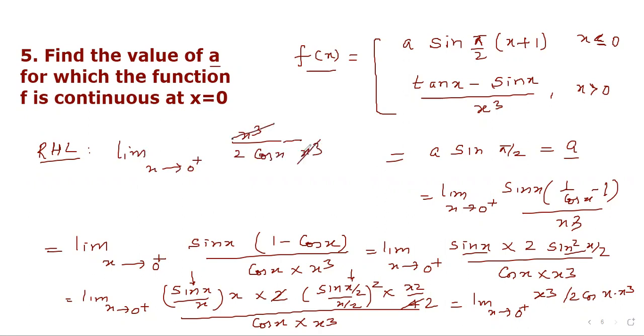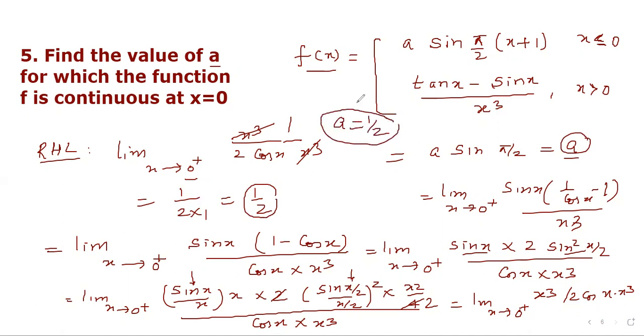So x cube will cancel out, 1 upon 2 cos x. And now we have to put the value of x as 0. So we get 1 upon 2 into 1, that is 1 upon 2. Since the function is continuous, LHL and RHL must be equal. So since LHL is A and RHL is 1 by 2, they both will be equal. So we get A equal to half, which is our answer. Thank you for watching.